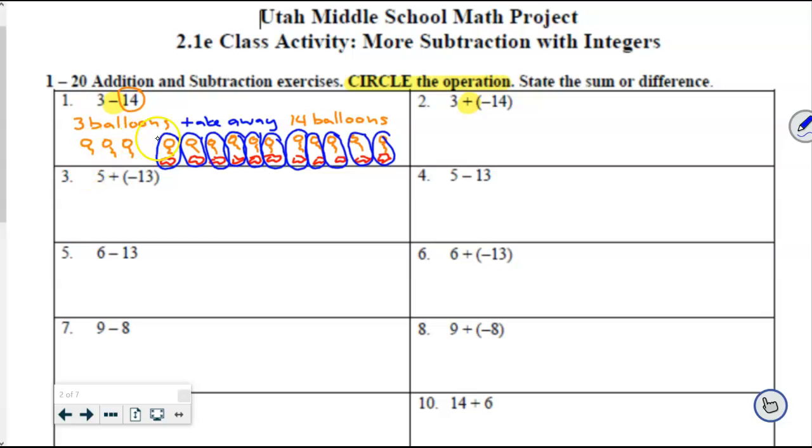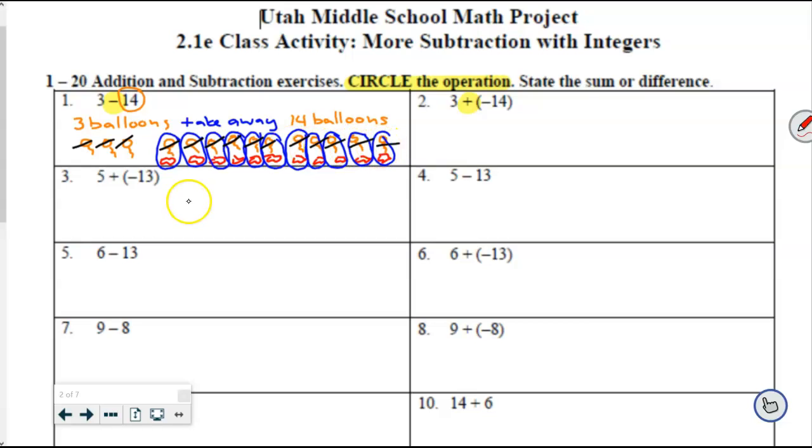What do we got? 1 through 14. Finally, I have enough balloons. Now I can take them all away. So, gone, gone, gone. That's 3, 4, 5, through 14.